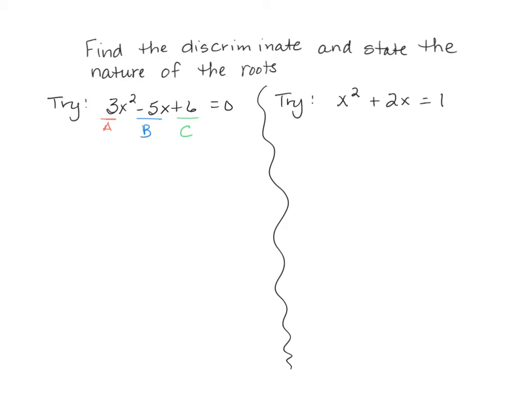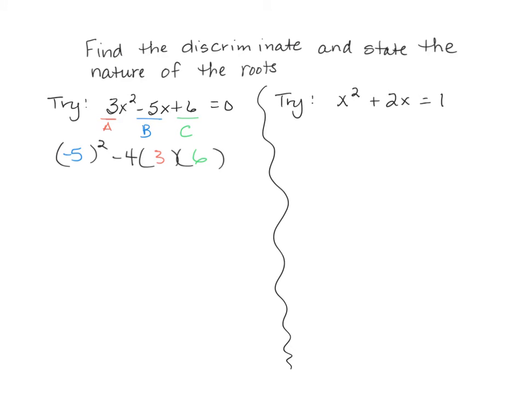That means I want you to tell me what kind of answers I would get if I were to do that quadratic formula. So I have b squared, which would be negative 5 squared, minus 4a, and there's my c.